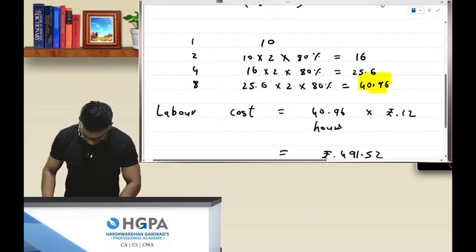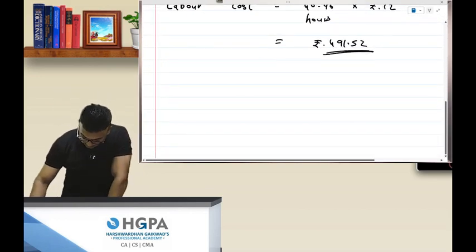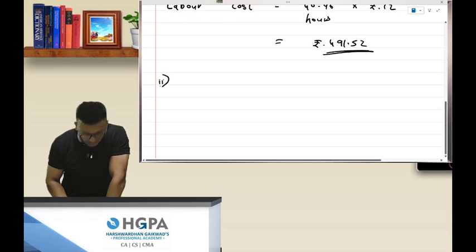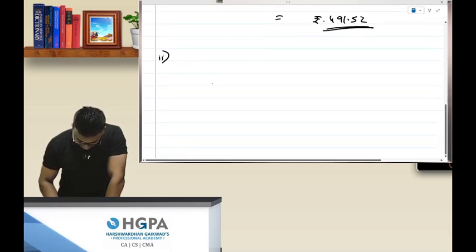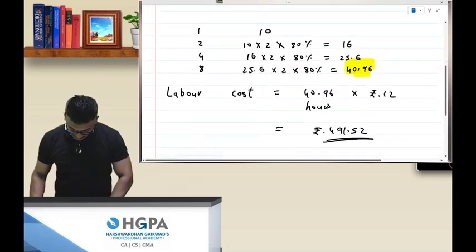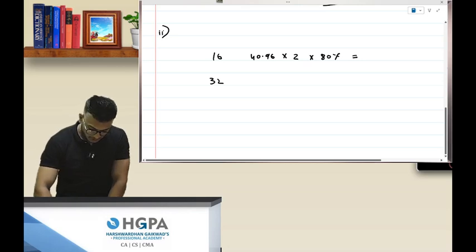See what I'm doing. I've already done till 8, okay? So I'll continue from there only. So, 16, 32. You can do it in the same table also, no problem. So just continue. 40.96 into 2 into 80%.